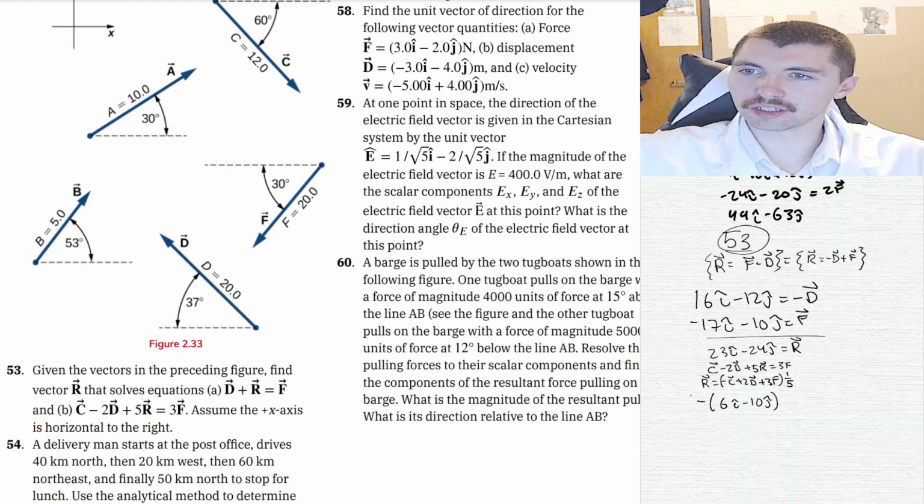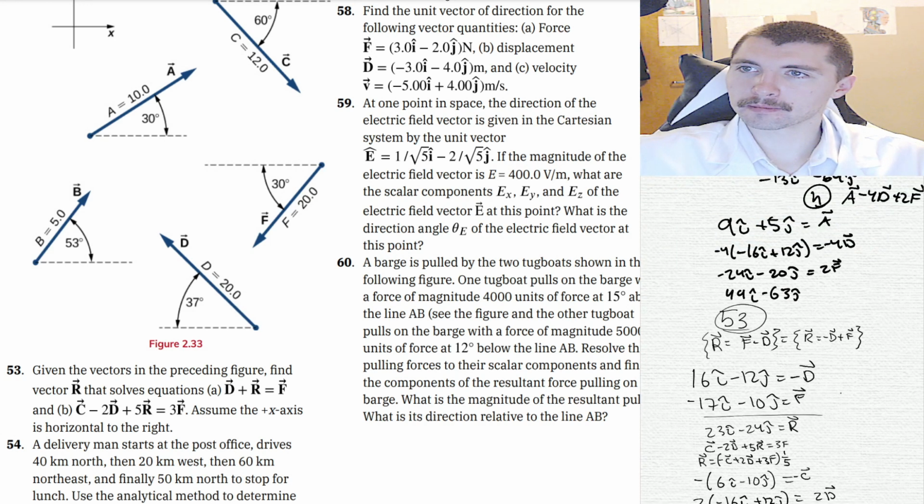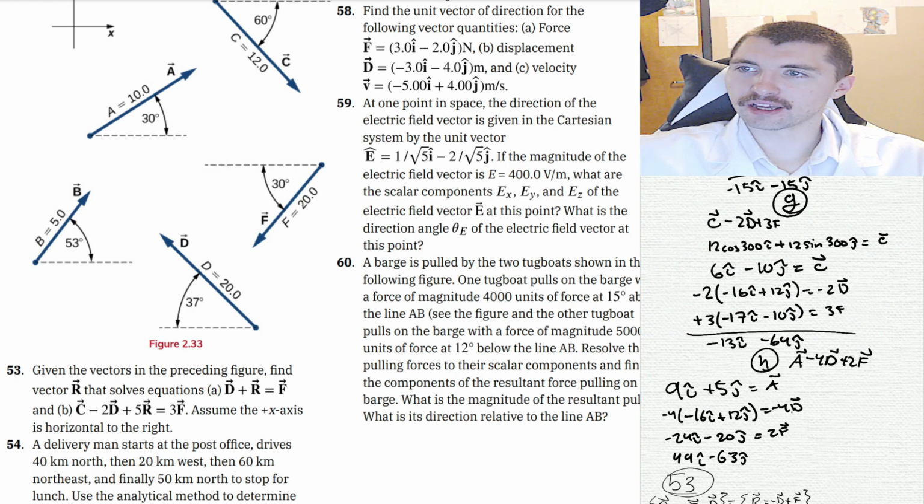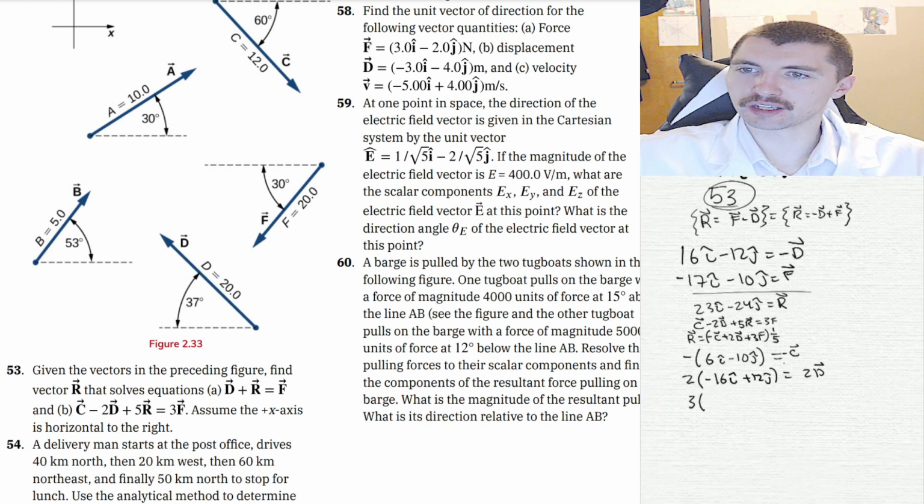Okay, and we know D, so that would be 2 times negative 16i plus 12j. Okay, and 3F is negative 17, negative 10.